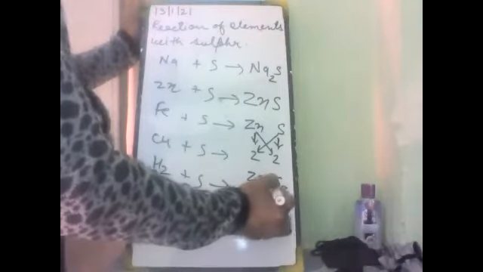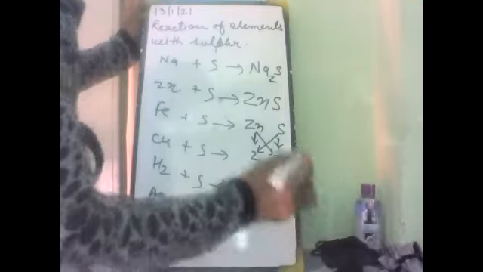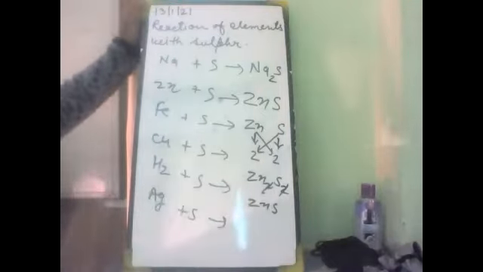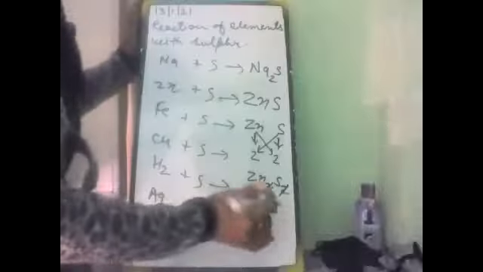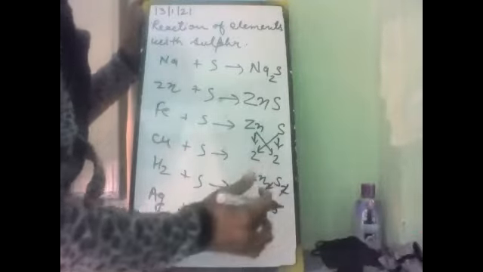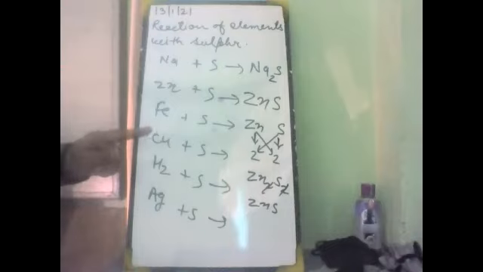So 2 and 2 are equal, so they cancel out, and we are having the formula ZnS. If both elements have the same valency, they cancel out and form a single ZnS. Is it clear? Yes, ma'am.